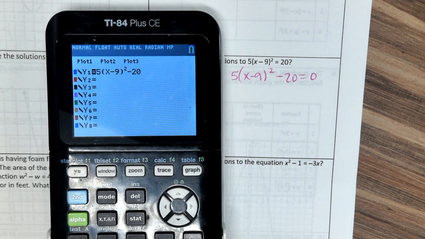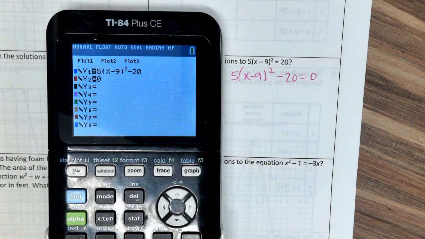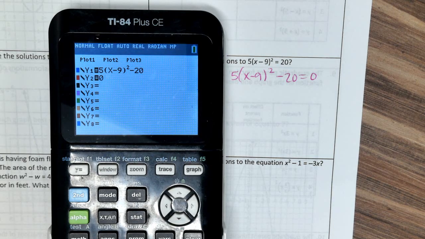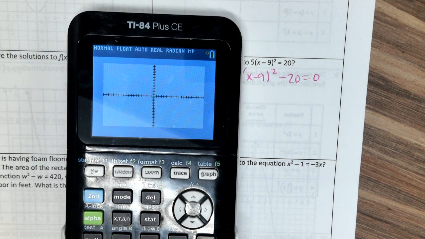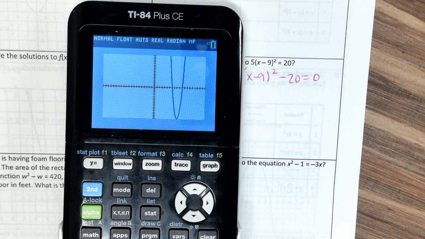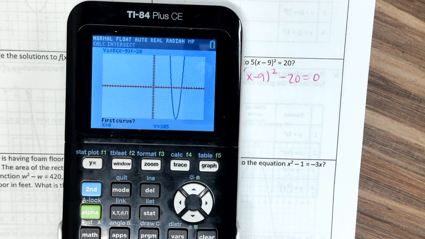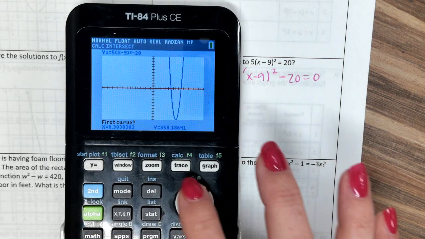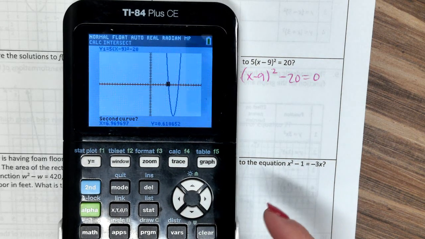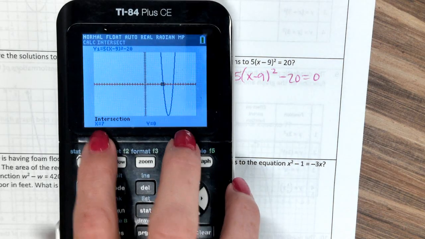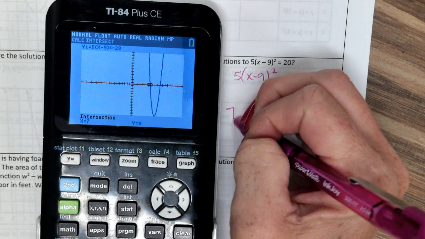And then for y2, I'm going to put in my 0. I'm going to hit second trace, option 5. And there are my 2 answers. I'm going to go over to the first one. Enter, enter, enter. The first answer is at 7.